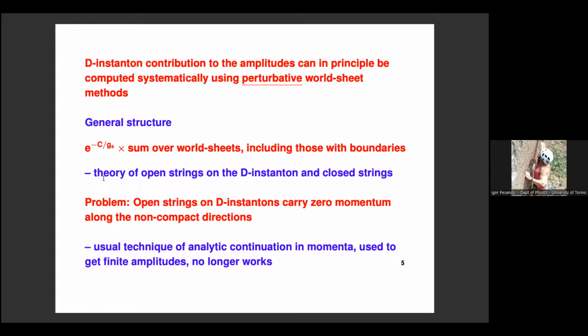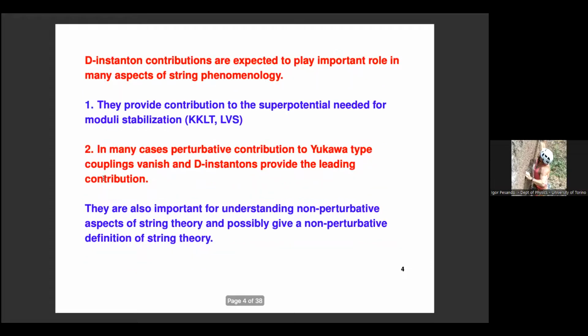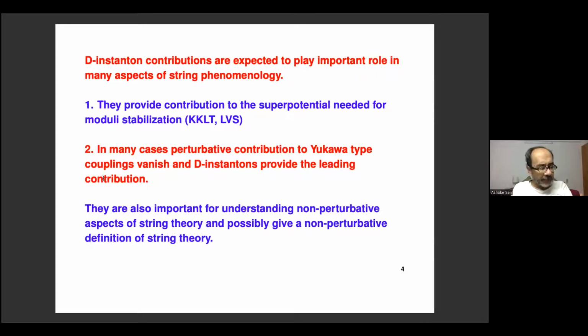Sorry, just a question. Could you comment about what you're saying, thinking about NS5 brane? Because they should give a different kind of contribution. Yeah, that's why I said if you are in a high enough dimension, that means if the number of non-compact dimensions is high enough, then the NS5 branes don't contribute, right?